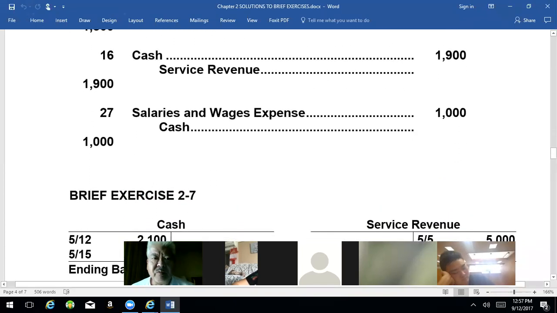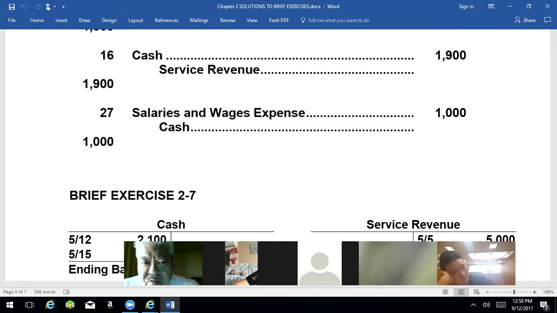Then towards the end of the month, we have to pay employees. We see this here in the form of salaries and wages expense. We paid them $1,000. That's an expense because we pay them so that they can help us do more business and help us with our business. So it is an expense.